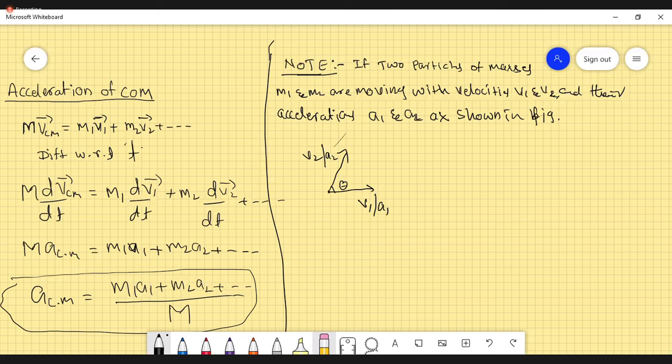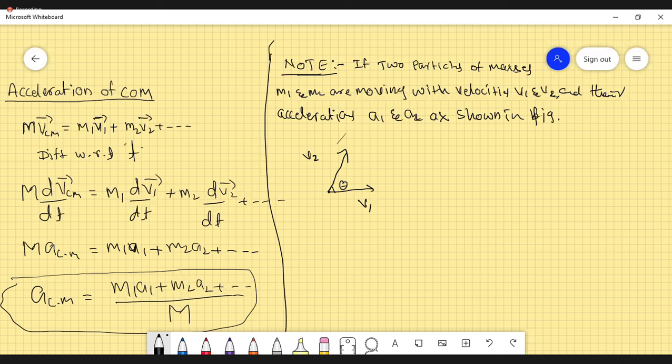Just forget everything about center of mass. Tell me the resultant vector of these two. It's the diagonal, right?